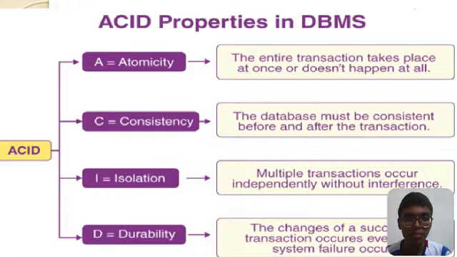Consistency: the database must be consistent before and after the transaction. Isolation: multiple transactions occur independently without interference. And for durability, the changes of a successful transaction persist even if a system failure occurs.